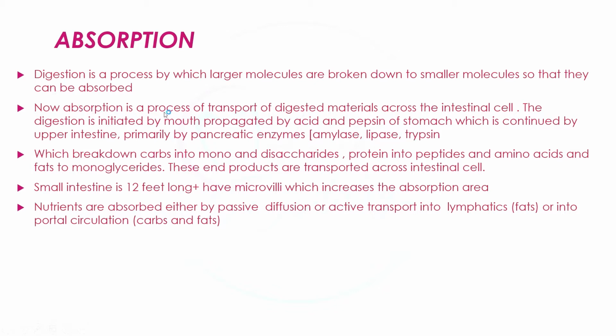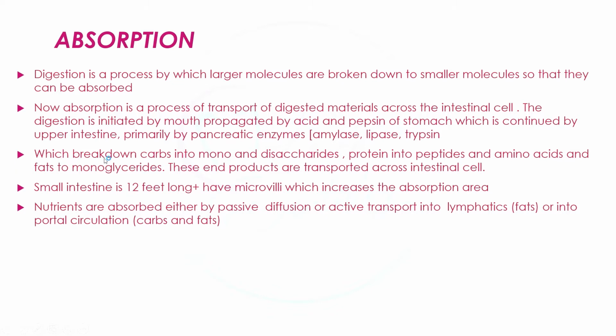Now, absorption is that process in which the digested material is transported across the intestinal cells. Digestion is initiated in the mouth, continues in the stomach by acid and pepsin, and then in the upper intestine primarily by pancreatic enzymes like amylase, trypsin, and lipase.